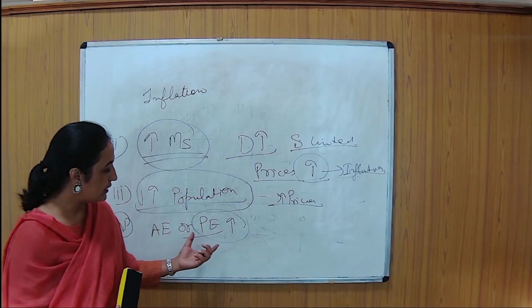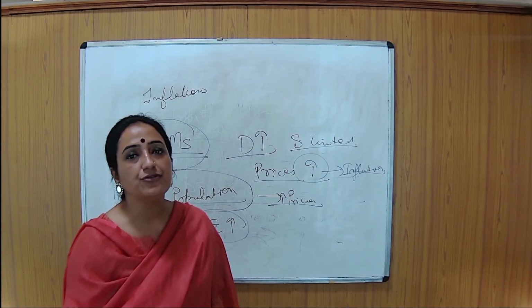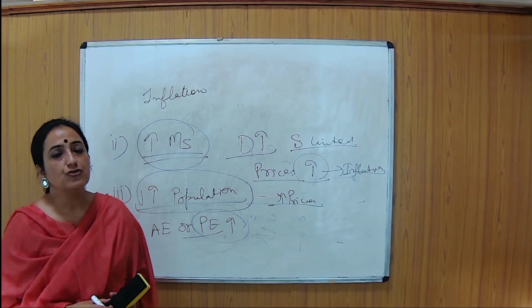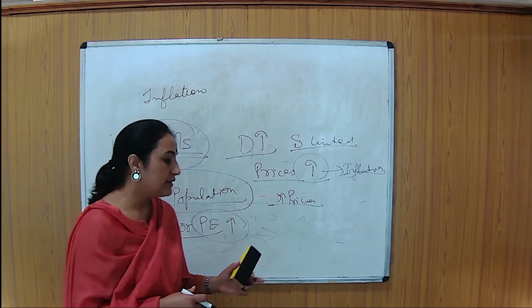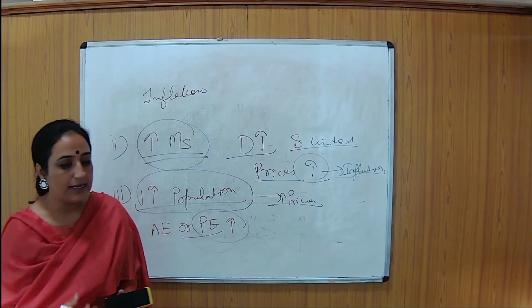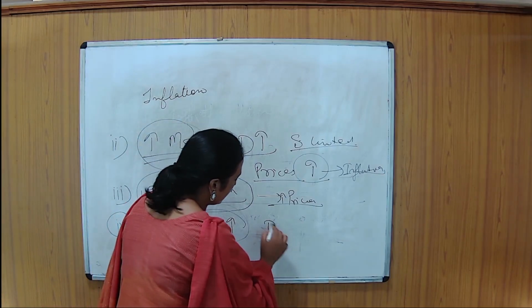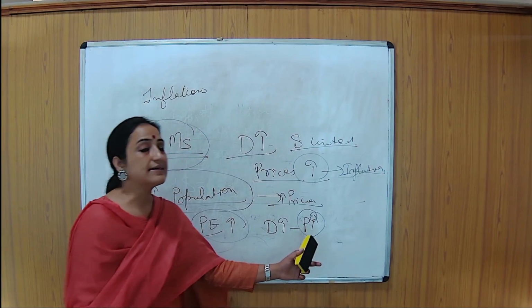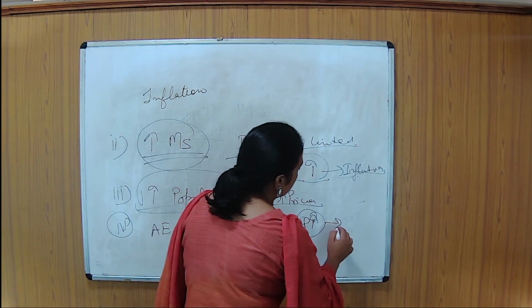So when government tries to invest more, then people have increased income. So ultimately they will spend more, they will consume more, and they will demand more. As they demand more, the prices of the goods and services will increase.